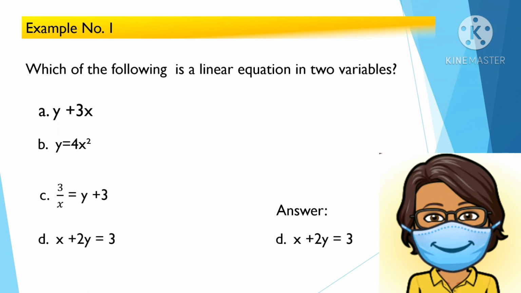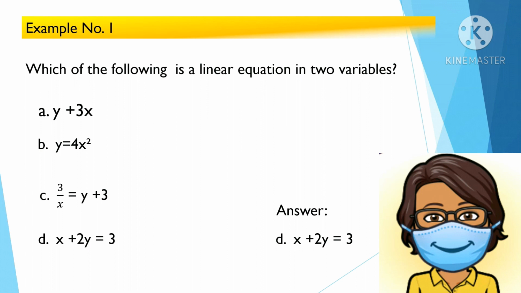Now, why are A, B, and C not considered linear equation in two variables? Letter A, notice that it's not even an equation. There's no equal sign. So it does not satisfy the condition. Letter B, again, y equals 4x squared has an exponent on variable x greater than 1.